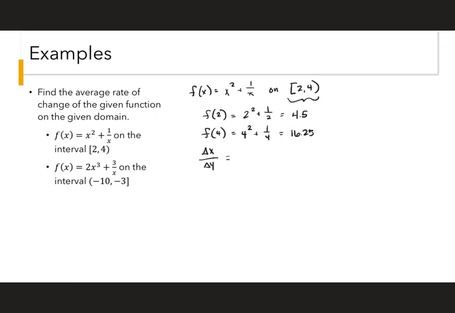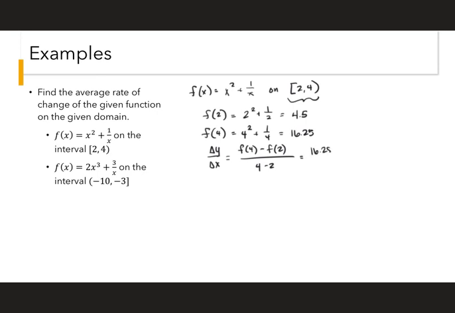Delta in math settings means the change in. So I'm looking at how much did y change and how much did x change. So the change in y over the change in x. Delta y over delta x, sorry. So it's going to be f of 4 minus f of 2 over 4 minus 2.